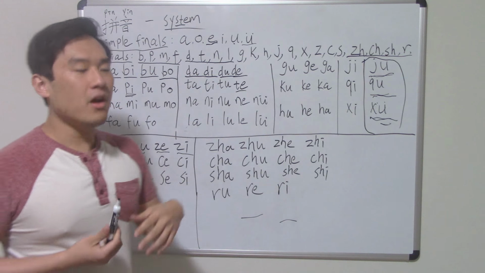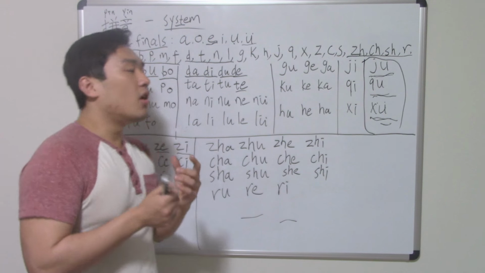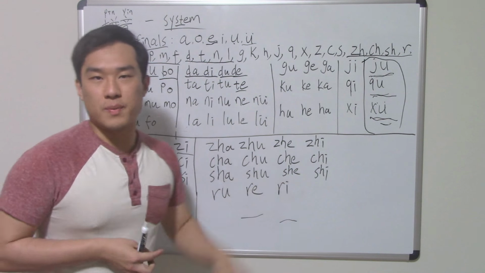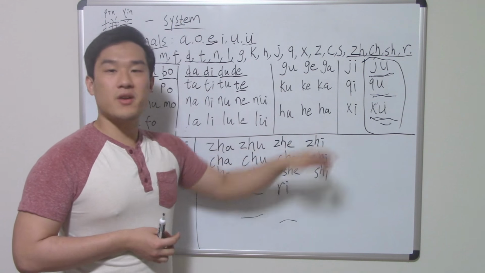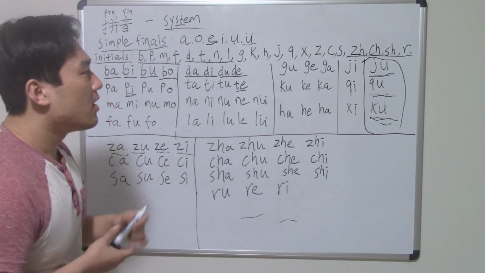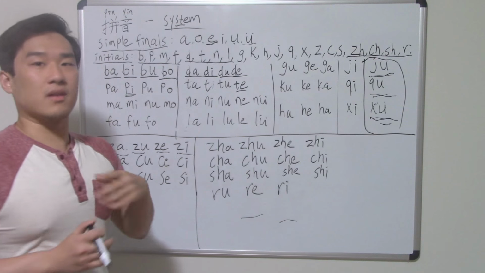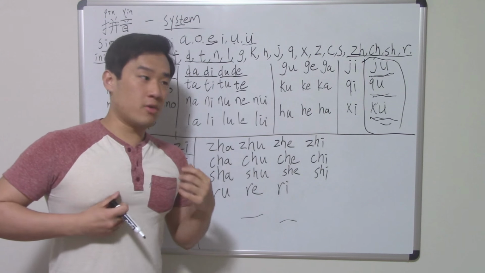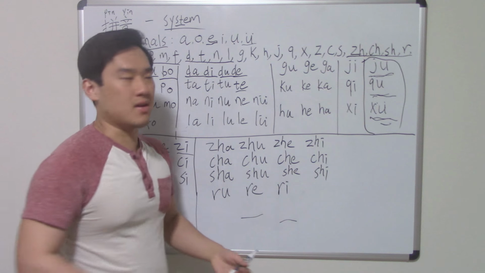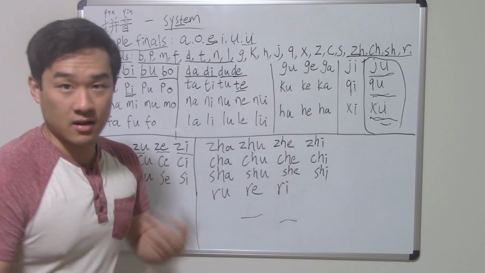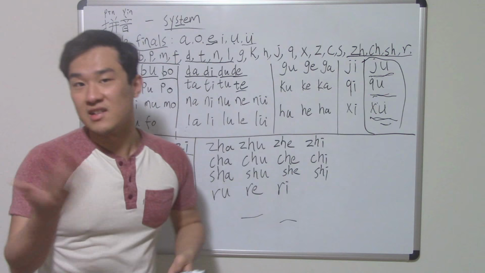I think the hardest thing is not the pinyin. To actually write and memorize those is not a problem. The hardest thing is accent. Whenever you learn a different language, everybody knows accent is involved, right? If you're born in China like me and come to America, you get a Chinese accent.